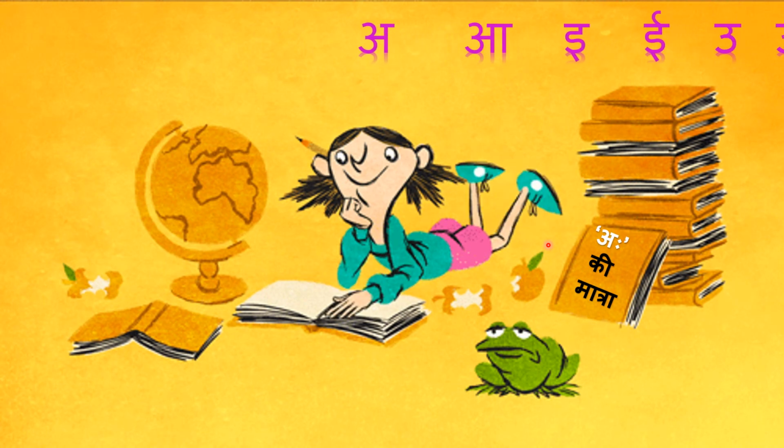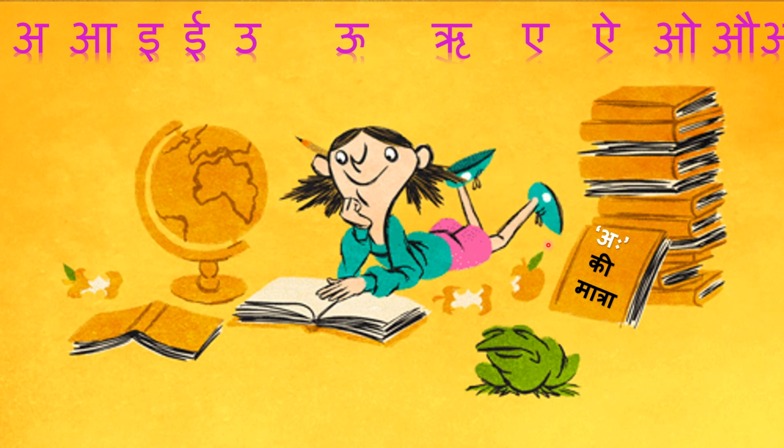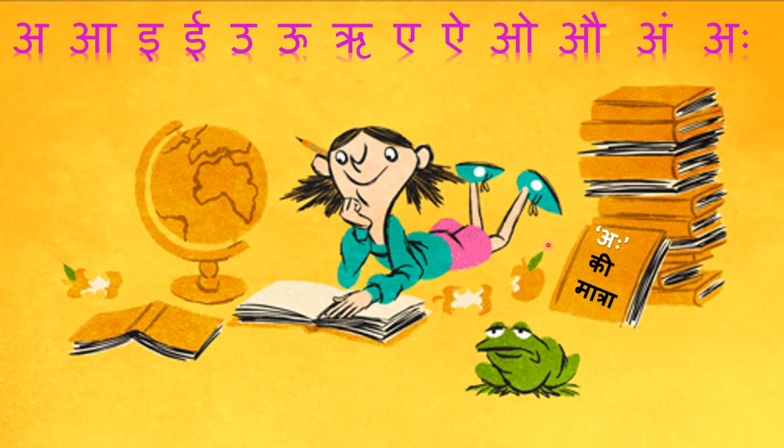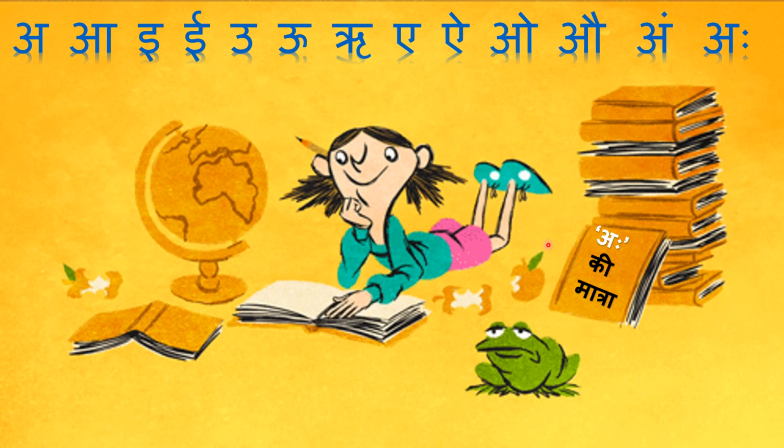Friends, now we have completed our vowel symbols. A to ah. A, e, u, ri. E, o, ang, ah.